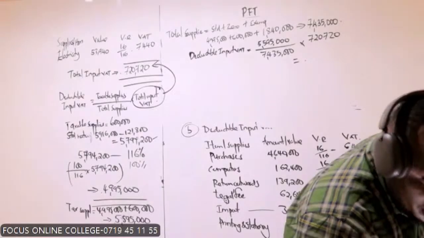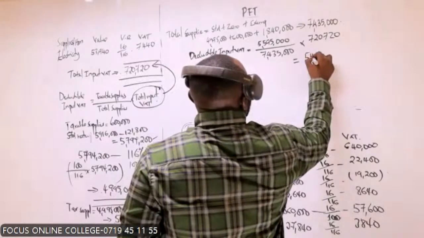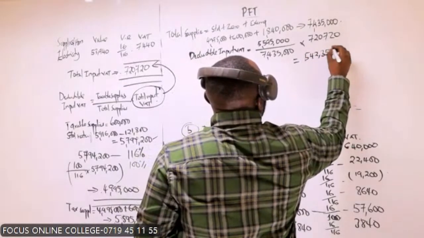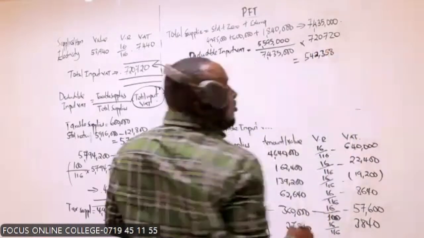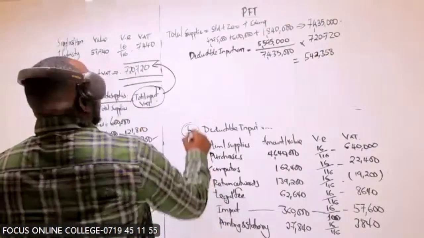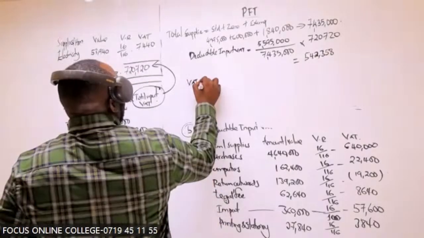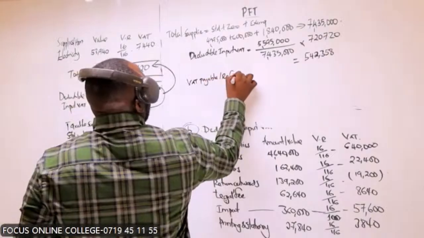That's 542,358. So how do I get now VAT payable or refundable? VAT payable. So what you call refundable.